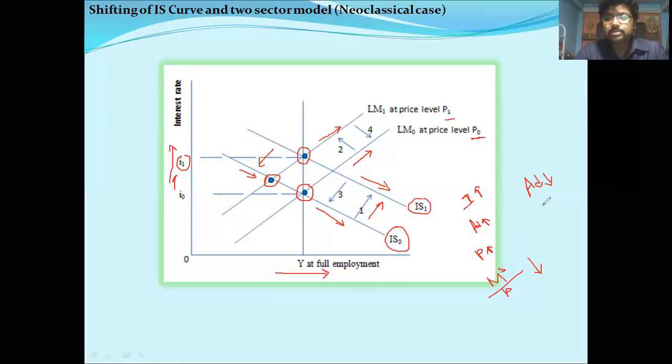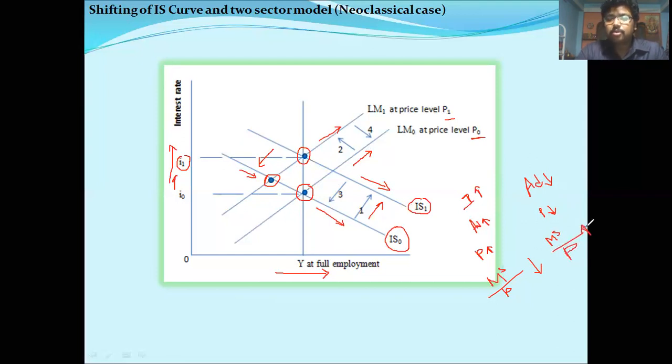there is a tendency to decline the price level. That is, the price level will fall. As the price level falls, the real money supply, MS by P, will increase.